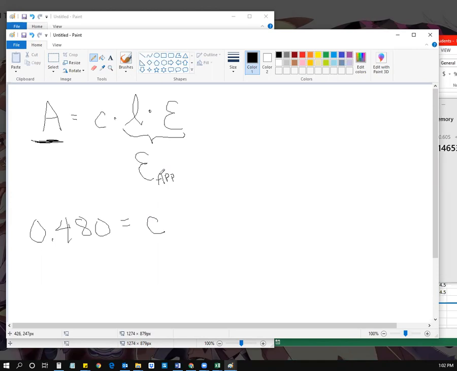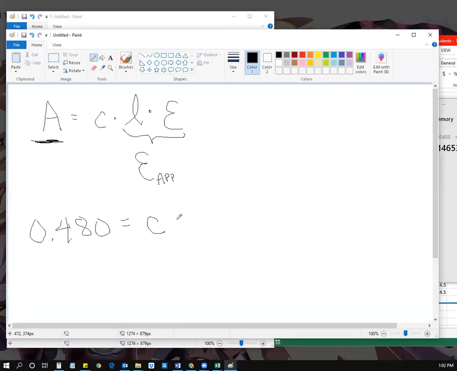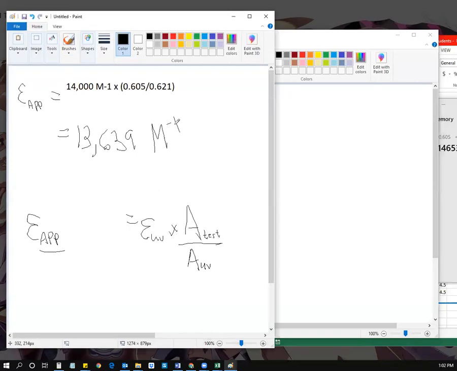The prompt asks us to calculate that in micromolar. And our apparent extinction coefficient that we solved in the previous step is 13,639 per molar. So that is going to get multiplied by the apparent extinction coefficient that we solved, 13,639.